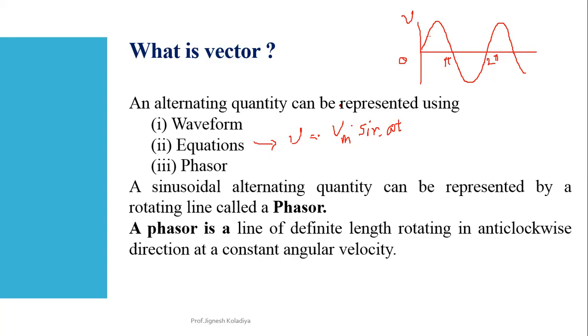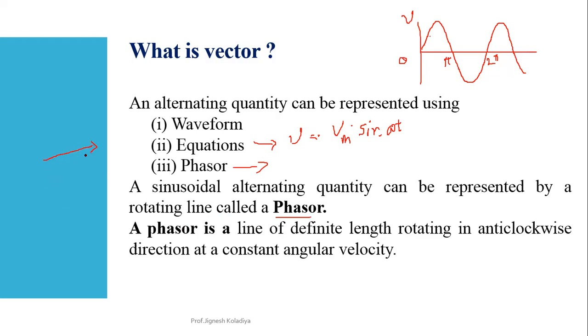One more type is going to be added over here, and that is phasor representation. A sinusoidal quantity can be represented by a rotating line, which is called a phasor, or a vector. What is the difference between vector and phasor? Suppose I have one line like this which has magnitude and direction, then we can say it is a vector.